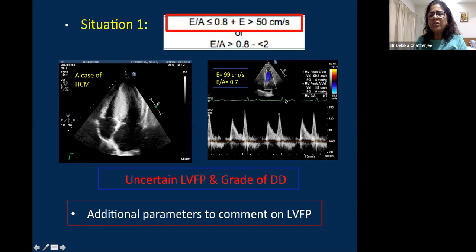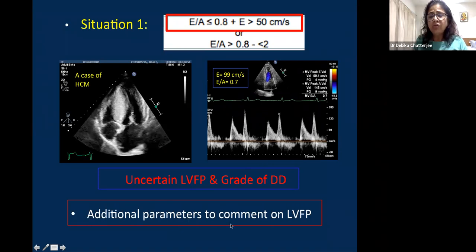Here we cannot make comments on the grade of diastolic dysfunction by looking only at this mitral valve inflow pattern, because we cannot make a comment on the LV filling pressure. We need some additional parameters to comment on the LV filling pressure.